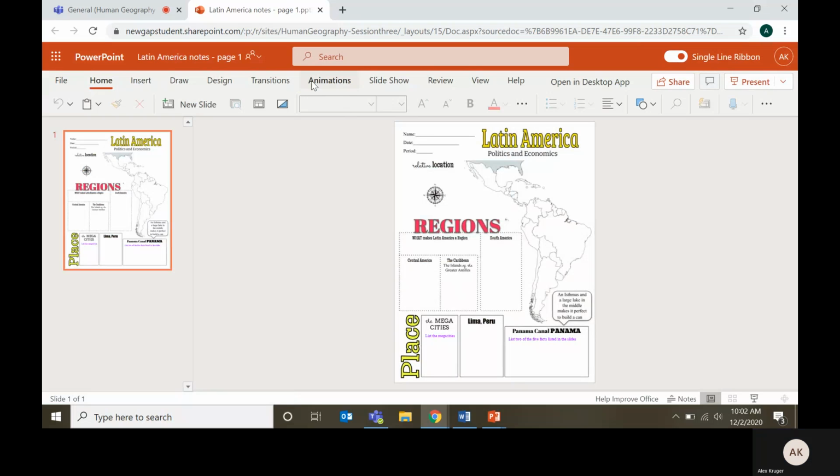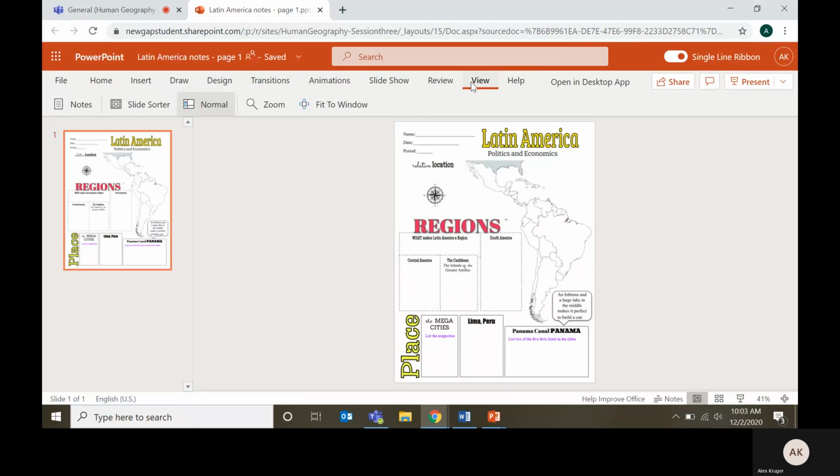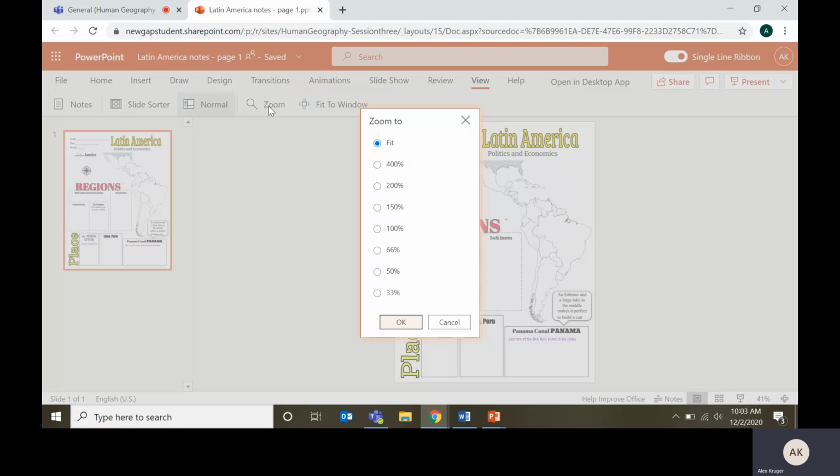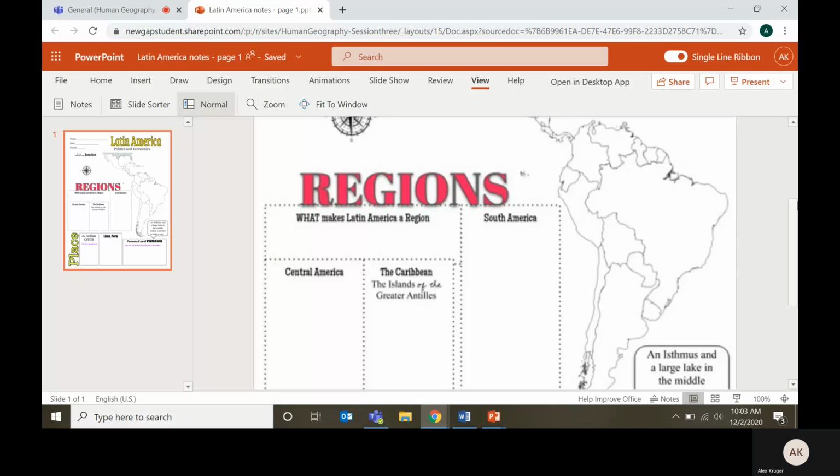And one of your classmates pointed out to me that this is extremely little and you can barely see what you're doing. So what you can do is on this little drop-down bar, go to View, and then click Zoom, and then go down to 100% and click OK.